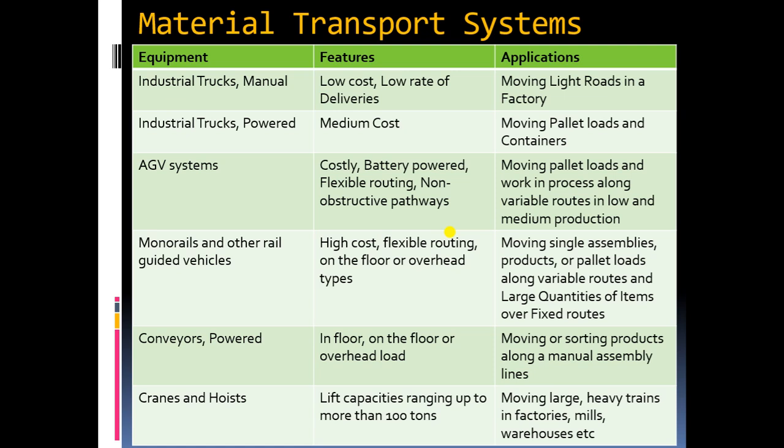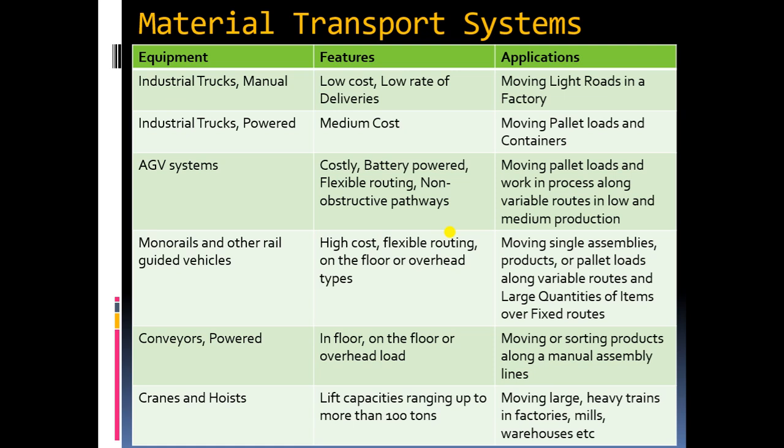Nowadays these are selected based on the application. That means what is the application, what is the type of material, how much is the distance, what is the accuracy needed, what is the flow rate of the material, depending upon so many parameters.